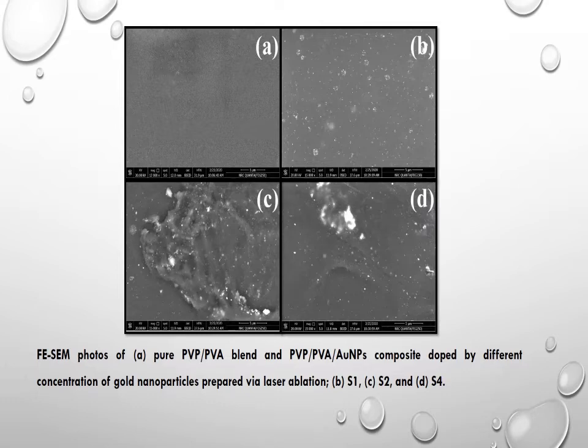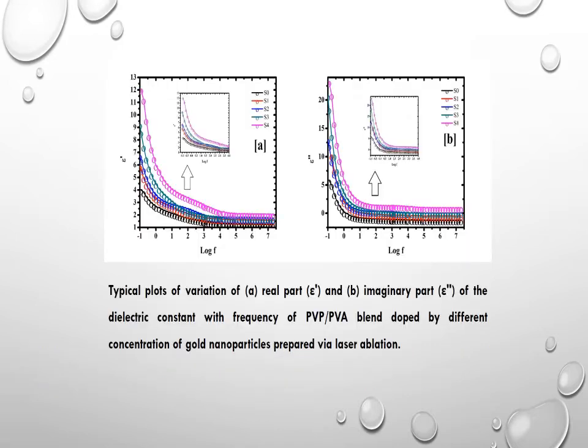After that we can talk about the electrical conductivity, AC electrical conductivity. The electrical conductivity of the prepared sample at various concentrations of gold nanoparticle has been evaluated at room temperature as a function of log F. In the dielectric analysis, the plots of both the real part epsilon dash and the imaginary part epsilon double dash of the dielectric of the prepared sample are shown.